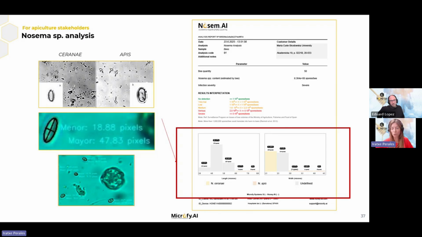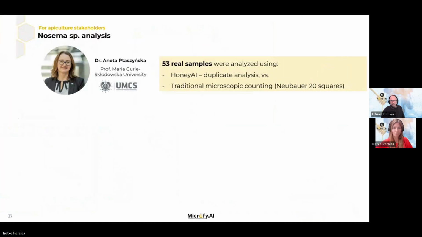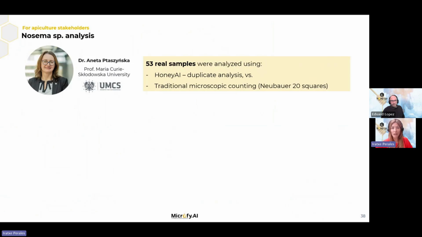So in this table, we will only provide you the information if we are sure, because they are not overlapping in size. Apis has a wider size, and ceranae has longer dimensions. We have already analyzed the accuracy of our samples externally. It was Dr. Aneta, professor of Marie Curie Polish University.